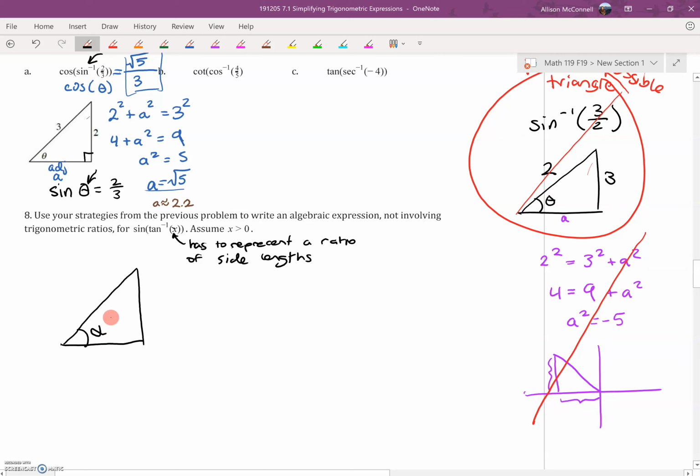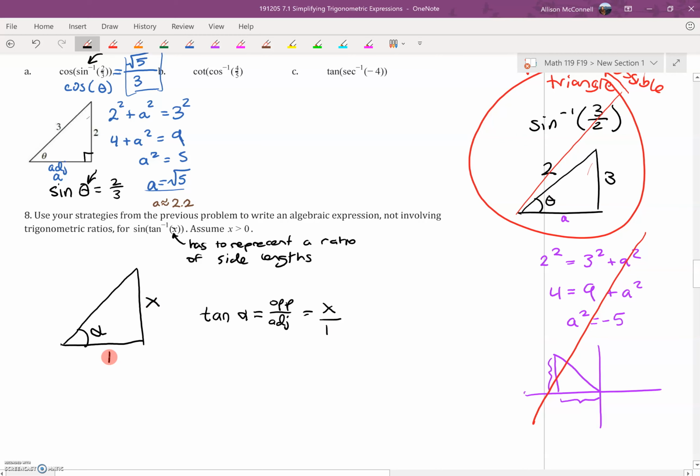So we have alpha, and then the x value, we know that tangent of any angle equals the opposite side over the adjacent side, which means your ratio of your opposite side and adjacent side better be x over 1 or an equivalent value. So I can label this as x over 1.